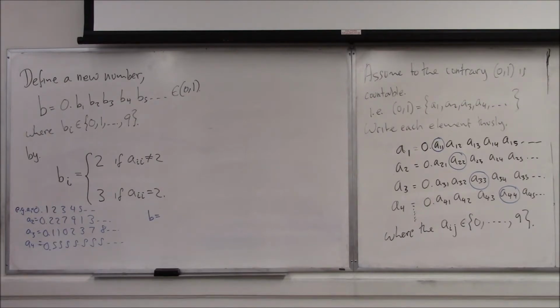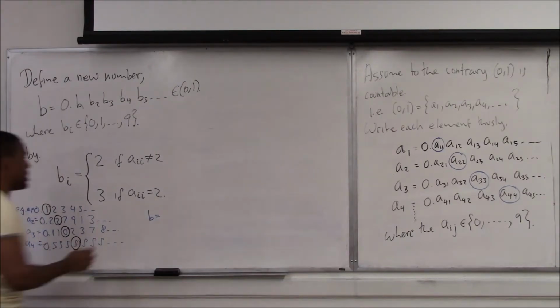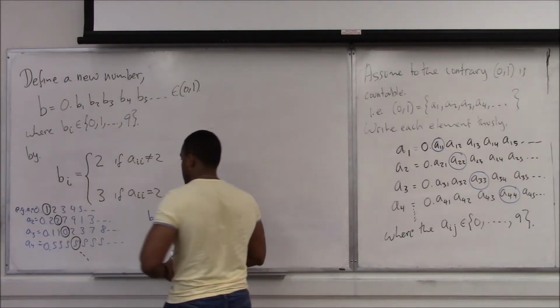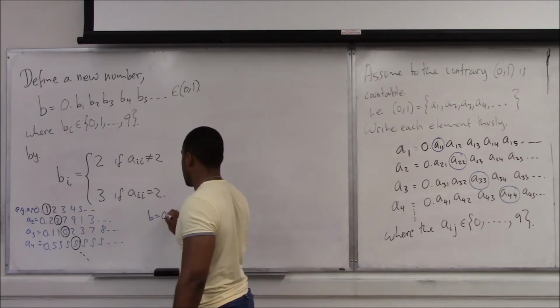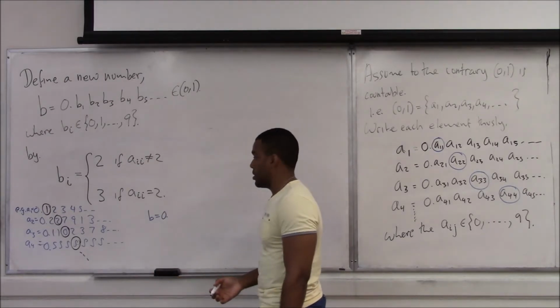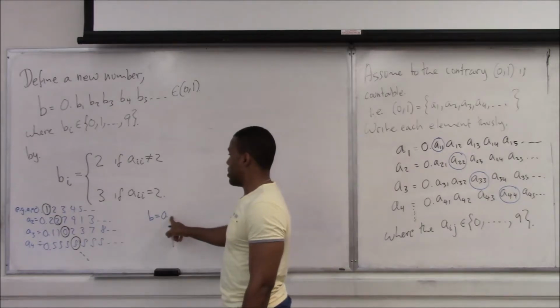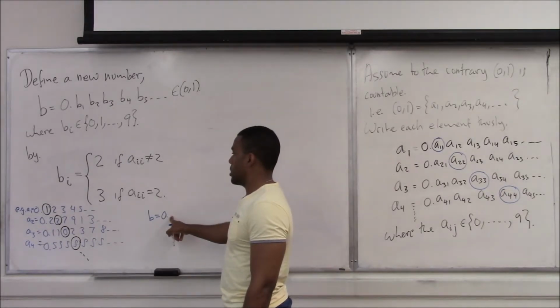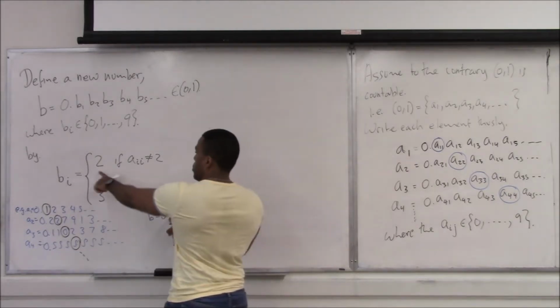So here's what B is going to do. It's going to look at the diagonal elements. This guy, this guy, this guy, this guy, and go down. And so what would B be in this case? What's the first element? 2. Right, so if it's not 2, write 2.